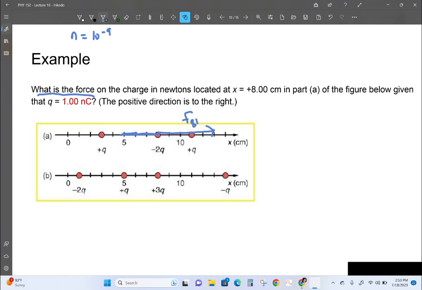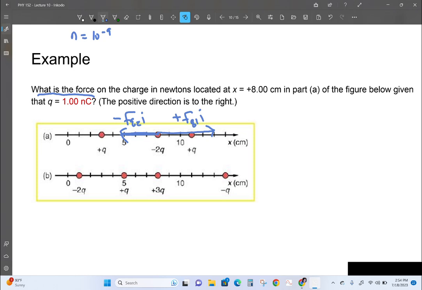So it's going to go like this. FQ2. So when I find FQ1 and I find FQ2, this is going to be a positive value and this is going to be a negative value, right? These are in the i direction, so this will be a positive i and this will be a negative i.